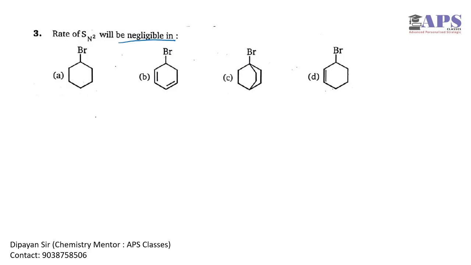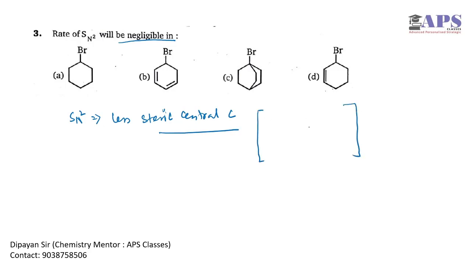In case of SN2 reaction, there are many factors which can change the rate, but we have to think that in SN2 reaction we need a less sterically hindered central carbon, because we are going to have a penta-coordinated transition state. This is not pentavalent, this is penta-coordinated.